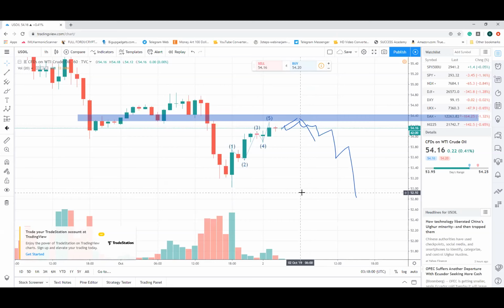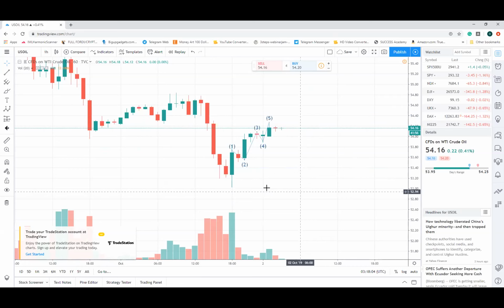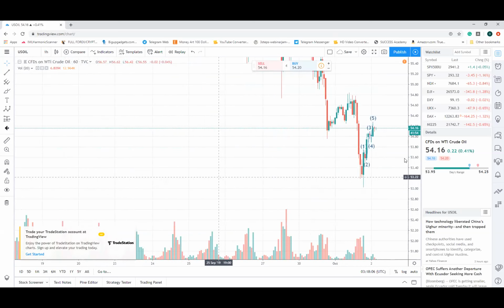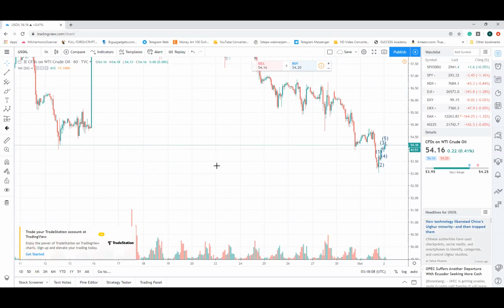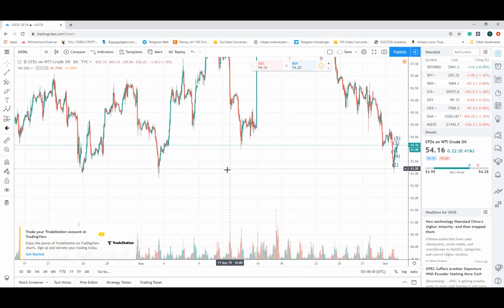And the important thing to pay attention to is what happened in the past. So let's look left real quick. What do you see there? In the previous trend, see how price consolidated right here? And then it retested here.